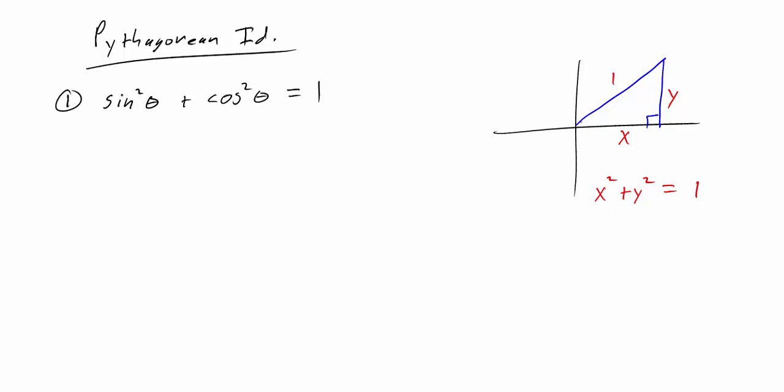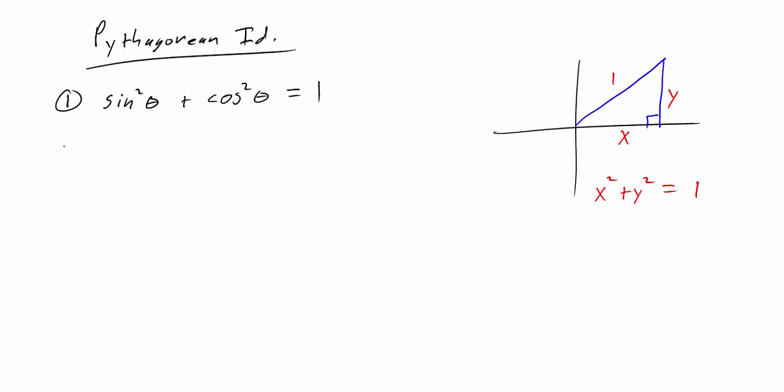In terms of our trig functions, sine is our y and cosine is the x, so sine squared plus cosine squared equals 1, because we're looking at essentially y squared plus x squared equals 1 squared, and of course 1 squared is also equal to 1. So there's our first Pythagorean identity.